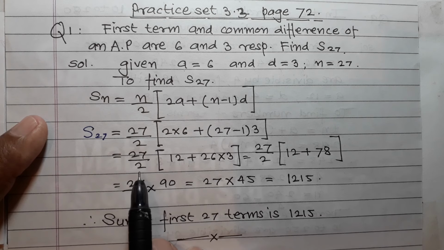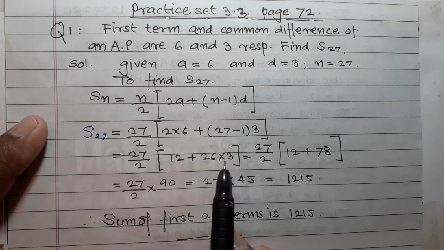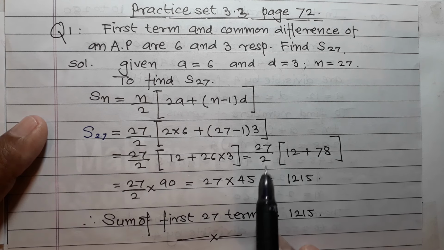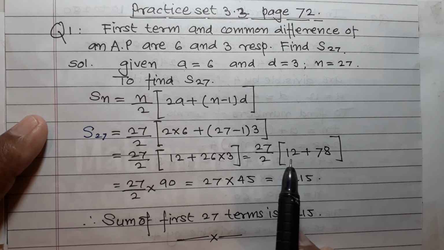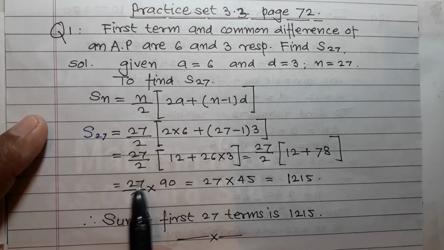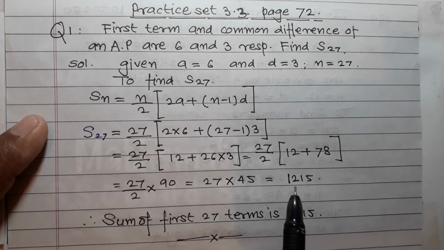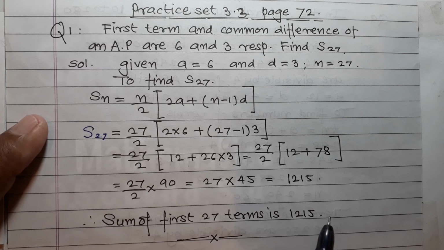Simplify. 27 upon 2 into bracket 12 plus 26 into 3 is equal to 27 upon 2 into 12 plus 78, so it is equal to 27 upon 2 into 90. Simplify: 27 into 45 is equal to 1215, and hence the sum of the first 27 terms is 1215.